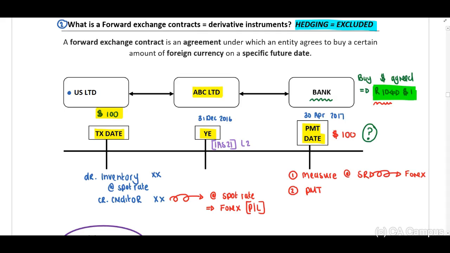Therefore, the currency can be less or the currency can be more. What you need to know is that this section will be our financial instruments section. And the journals will be in terms of our IAS 21 rules.